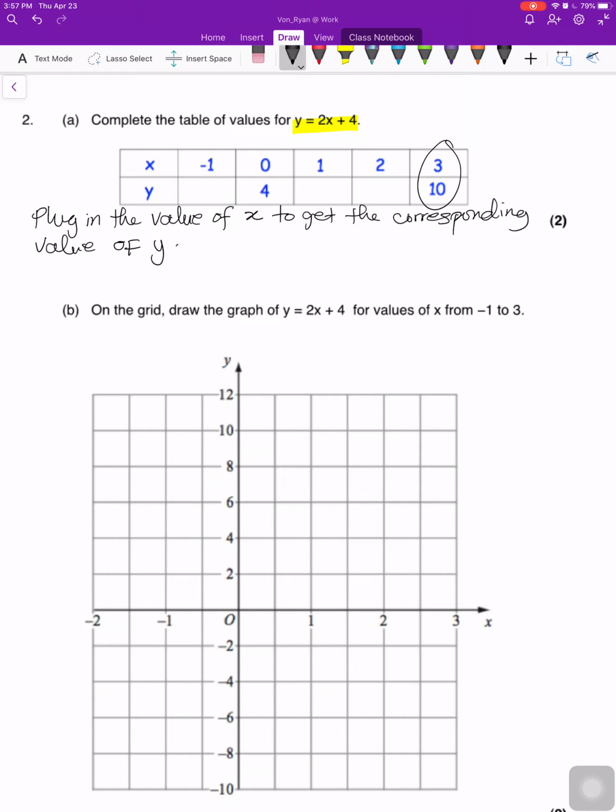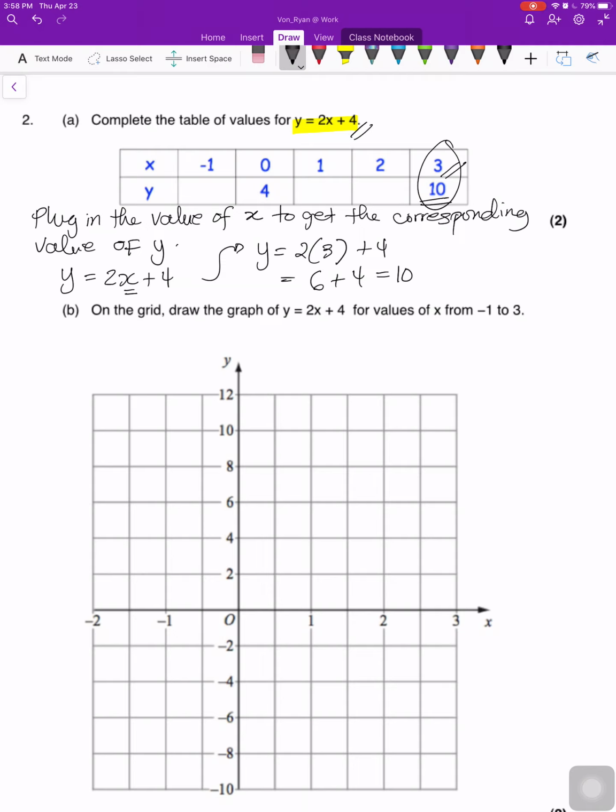So in this case, the equation is y equals 2x plus 4. And according to this, x is equal to 3. So we replace x with 3, or we substitute 3 for the value of x there. So it's going to be y equals 2 times 3 plus 4, which is 6 plus 4, which equals 10. Hence, we get the value of 10 in that column in our table.